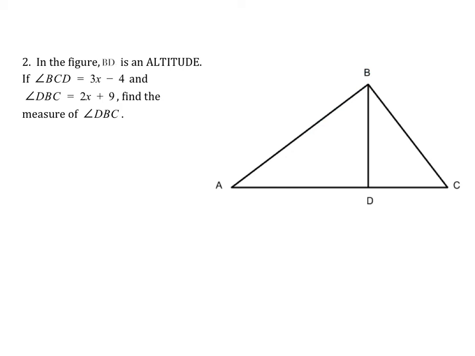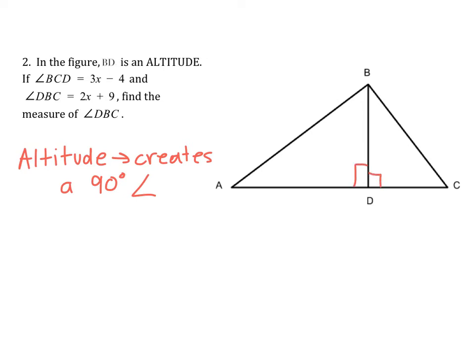Okay, so here we have a triangle, and it says in the figure, BD is an altitude. If you remember what an altitude does, an altitude creates a 90-degree angle, or a right angle. So since BD is an altitude, we know that both of these are going to be 90 degrees.